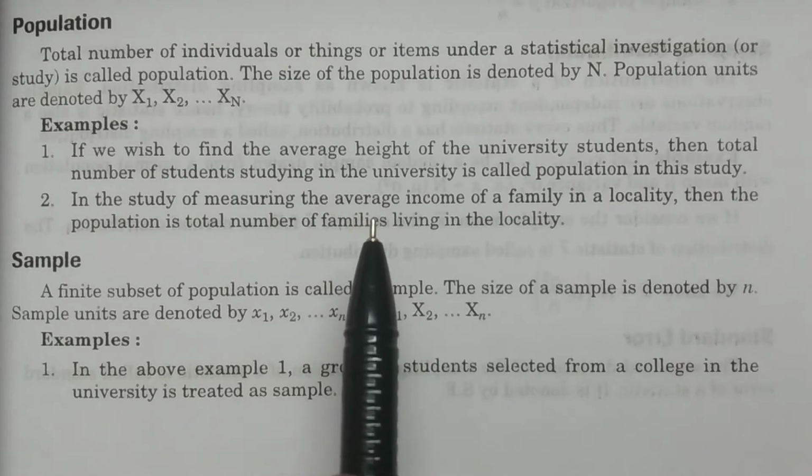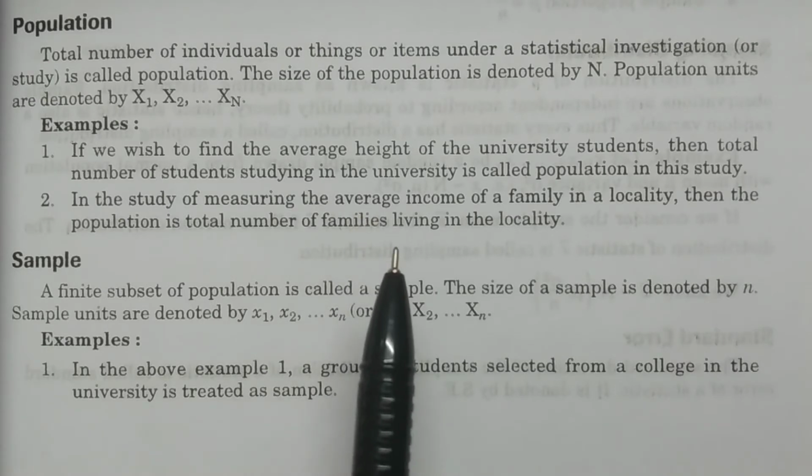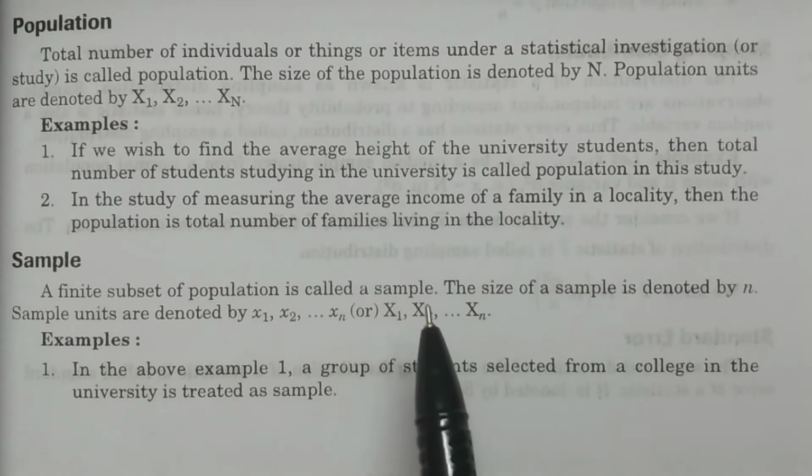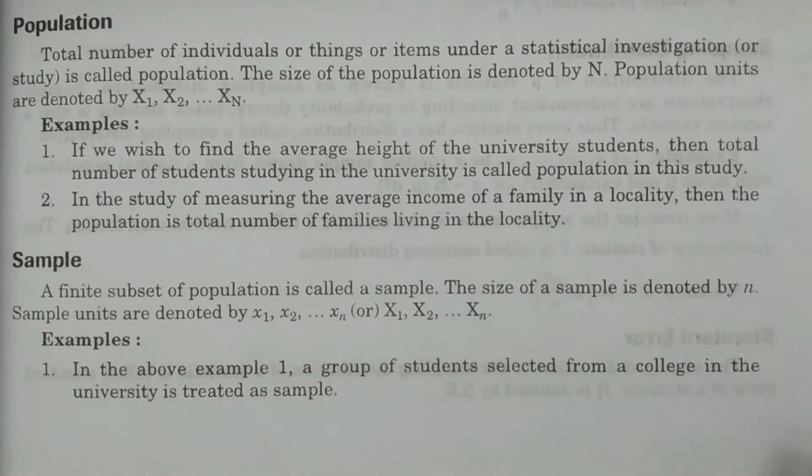If I give you some examples, you can easily understand. For example, if you want to calculate the national income of our country, it has to be obtained from all the individuals, all the persons living in the country.